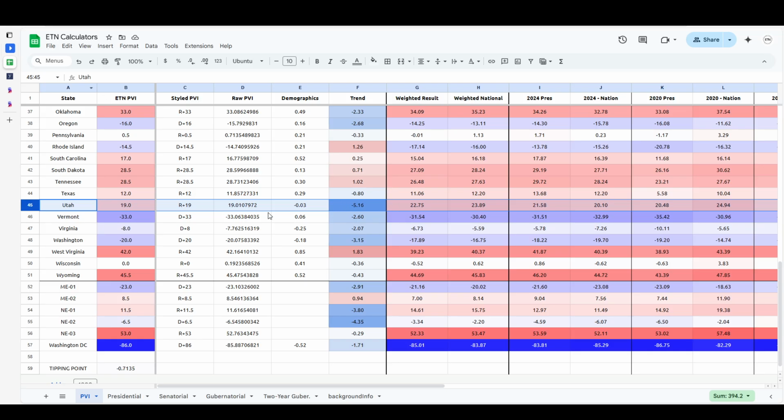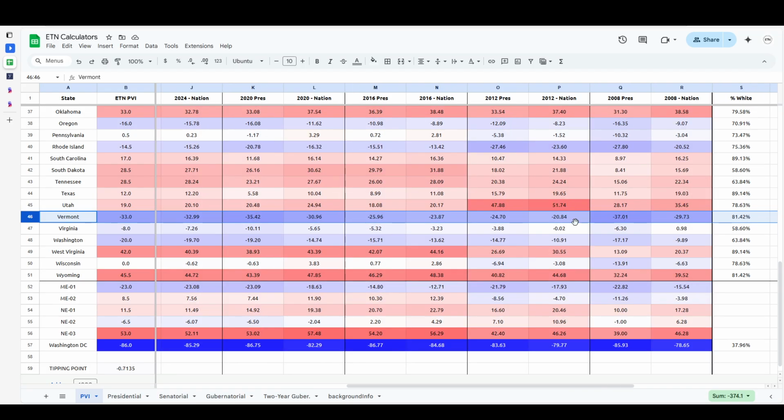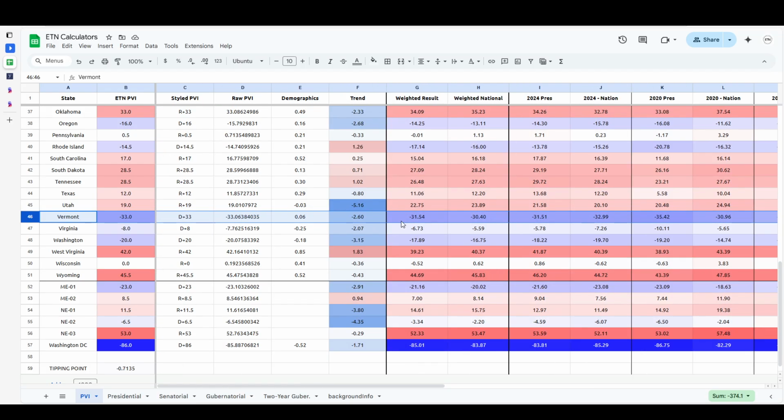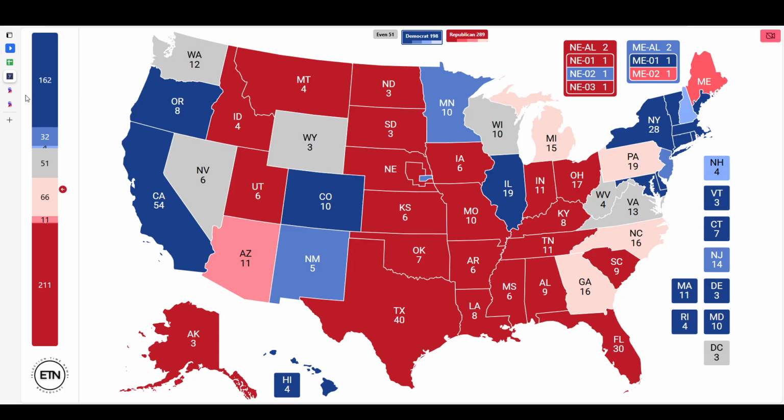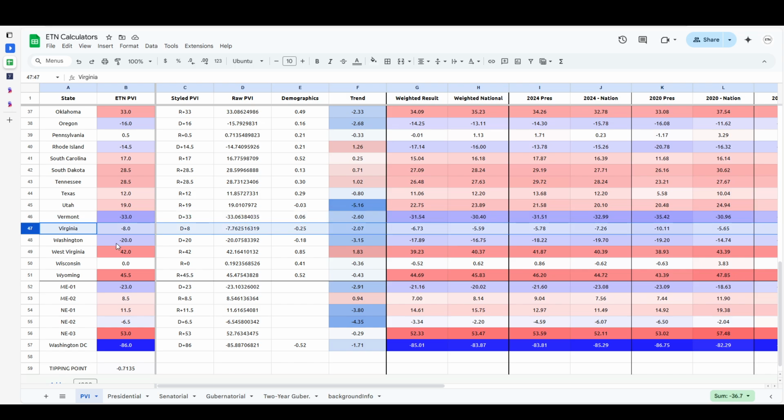So it's a slightly blue trending state. It moved towards the left basically each and every cycle since 2012. And it's also the state that has Bernie Sanders as its senator. So it's a very strong left state. It's not moving anytime soon.